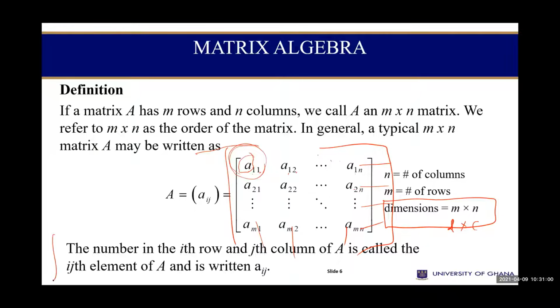To summarize, we are saying that the number in the ith row and the jth column of matrix A is called the ijth element of A, and it's written as Aij, where i is the row, j is the column.